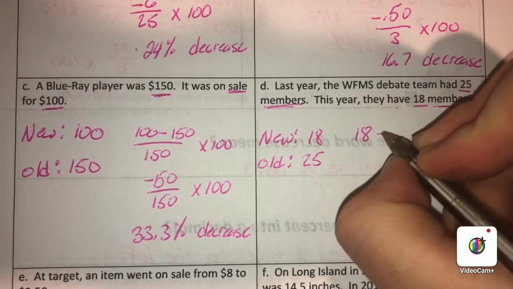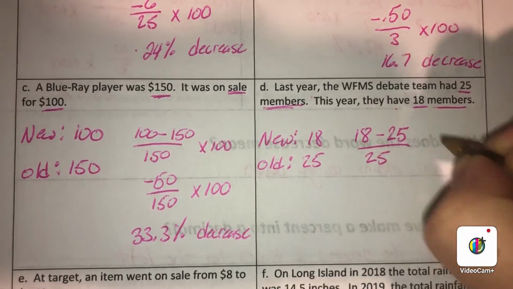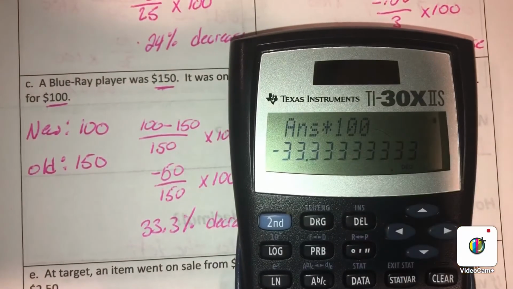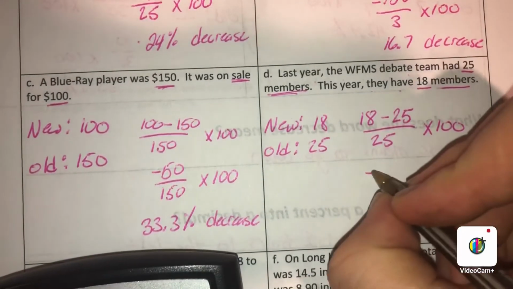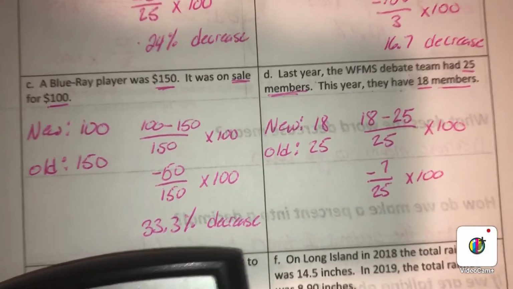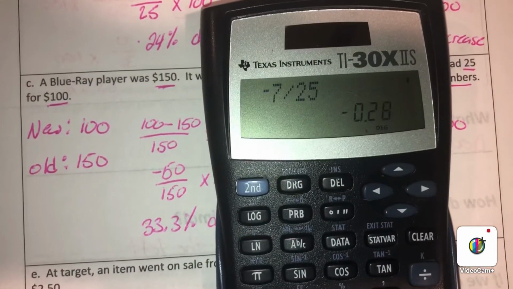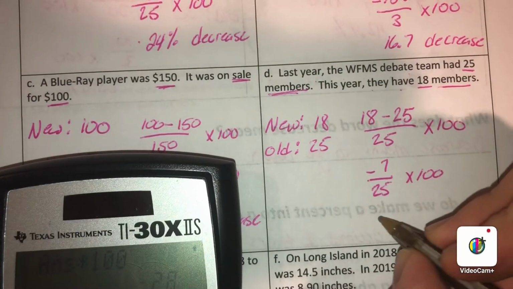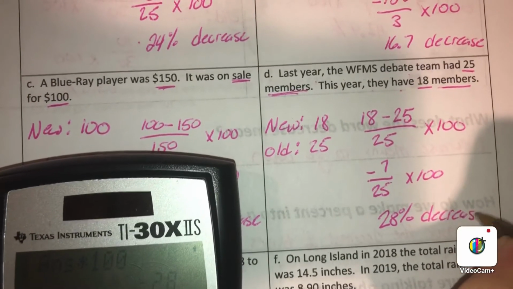So 18 minus 25 divided by 25 times 100. 18 minus 25 gives us negative 7, divided by 25, times 100. So it's negative 28%. Since it's negative, we know it's a decrease.